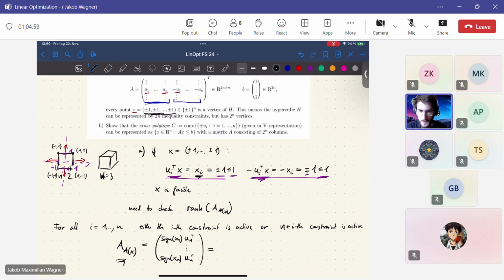And because these u_i's are all unit vectors, if we take the signs of the x_i's and multiply them with the unit vectors as the rows, we just have all of the signs of the x_i's on the main diagonal of this matrix.